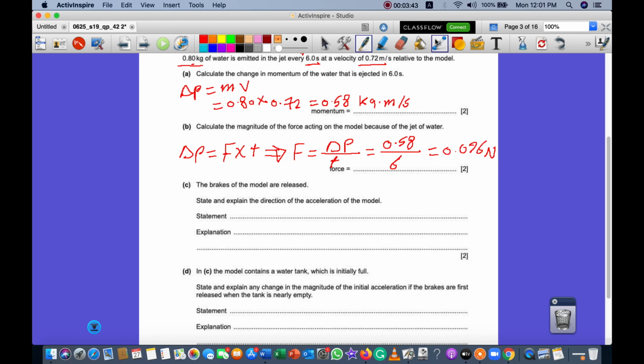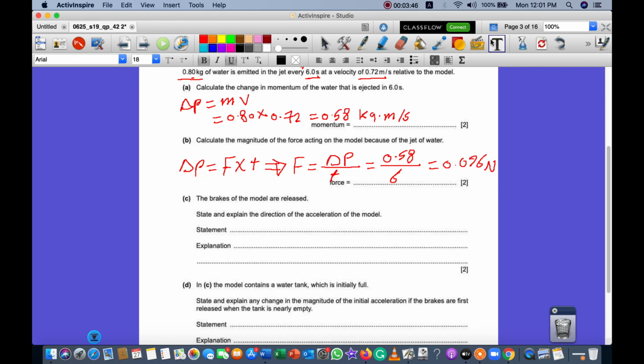So we can write here: acceleration to right, means backward.